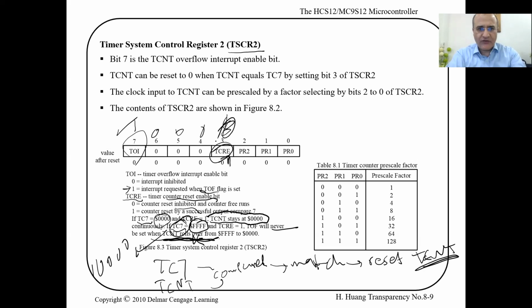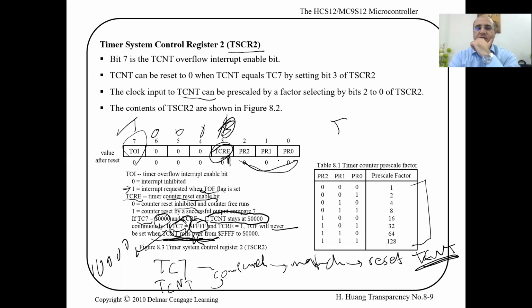To enable the timer overflow flag, we can set the prescaler. The prescaler is how fast the Tcnt is going to count. It controls the prescaler that would be applied to the bus clock. So we have prescalers from 1 to 128, multiples 2 to the 0, 2 to the 1, 2 to the 2, and so on.